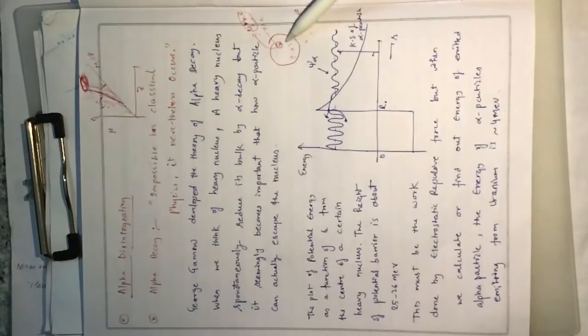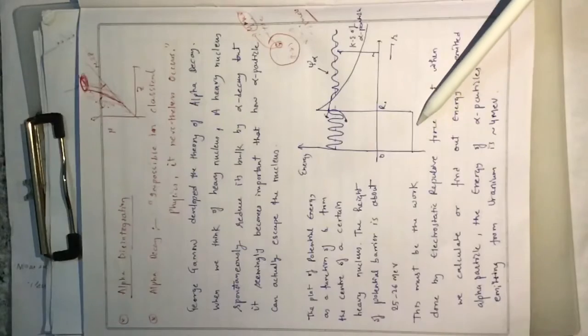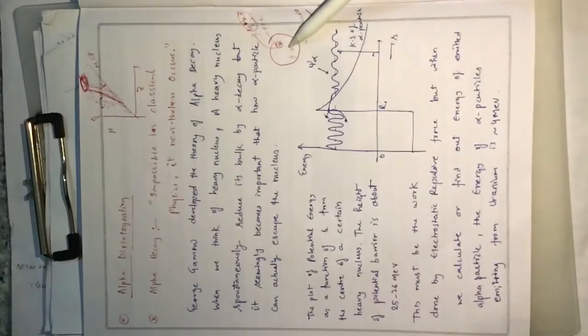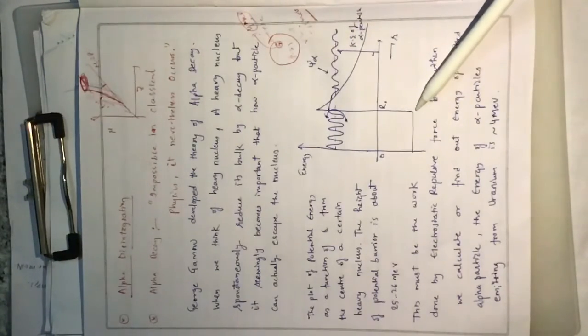This is a saturated region, because there is a nuclear force exerting between these particles, and the Coulombic repulsion force is very small. Between Z minus 2 and this, the Coulombic repulsion is very small, but there is a direct interaction by the nuclear forces. So the nuclear force is saturated.